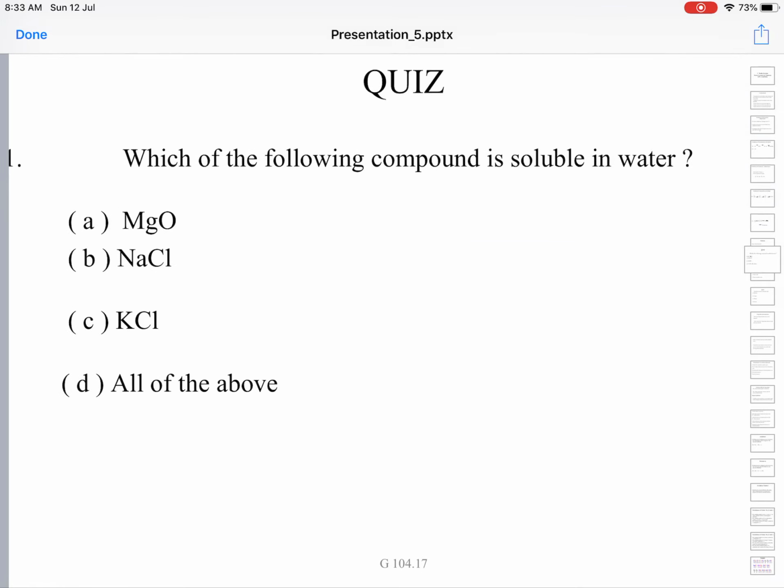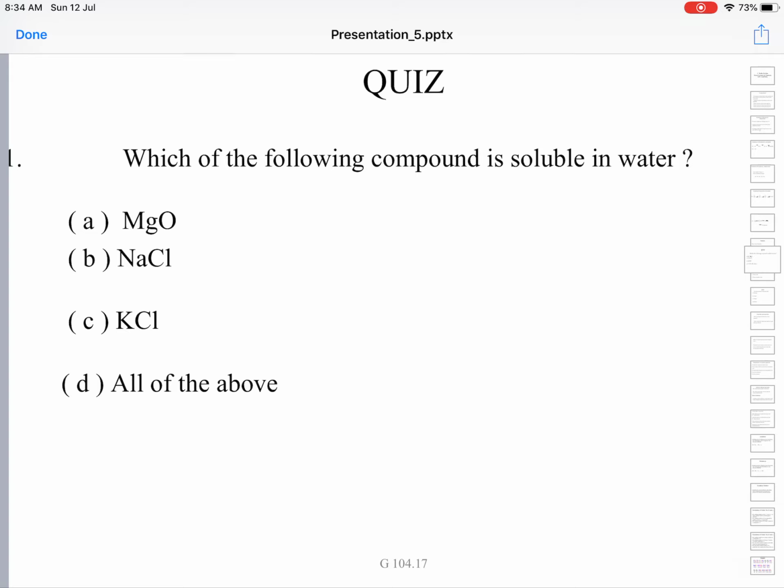Now, to improve our understanding, let us take a quiz. Yesterday we had taken this quiz, I believe. Which of the following compounds is soluble in water? MgO is an ionic compound, NaCl is an ionic compound, KCl is also an ionic compound.